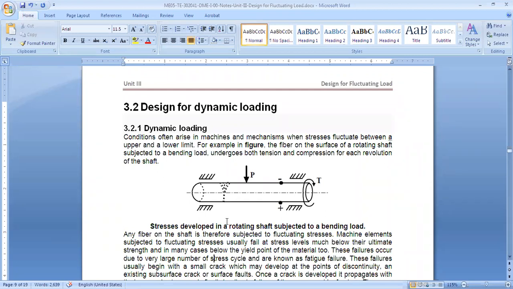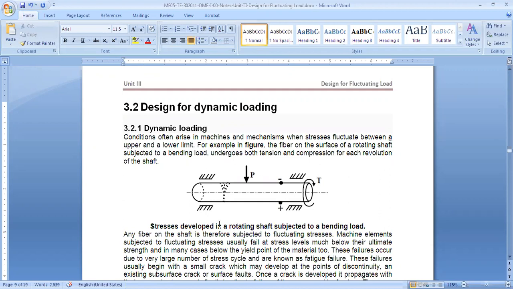Dynamic means it is changing, like on the pedal of your accelerator. You are not putting the load continuously. When accelerating the vehicle, you are pushing it. When you want to decelerate or slow down, you take your foot off the pedal. The same thing is true for the brake.